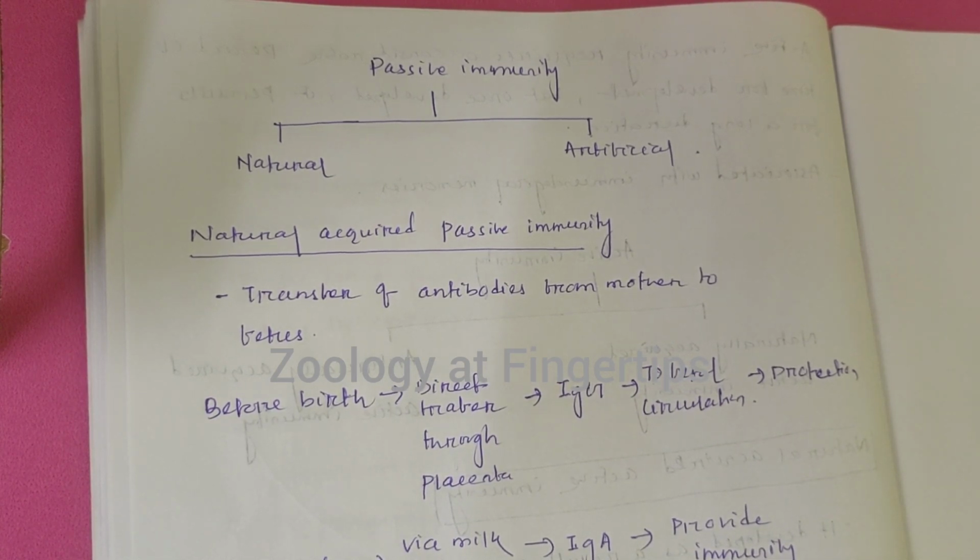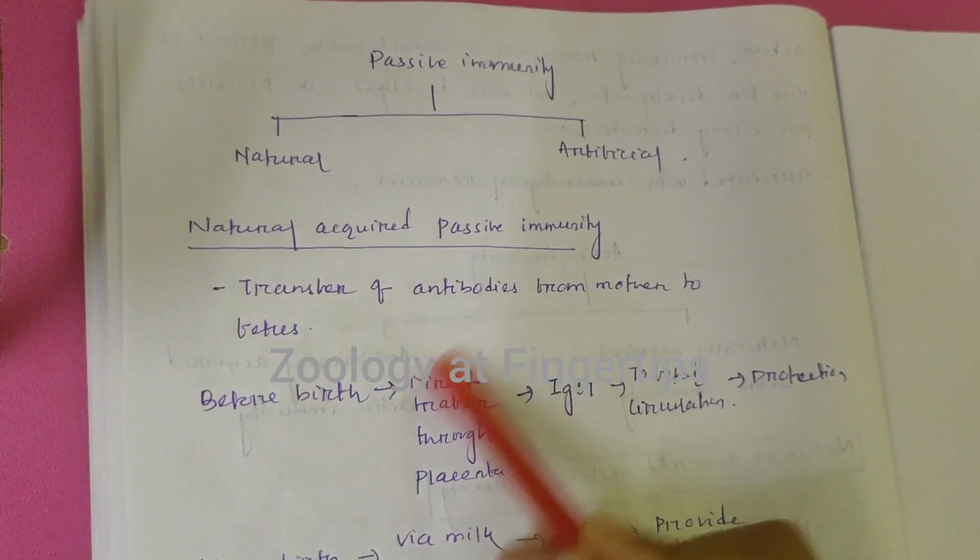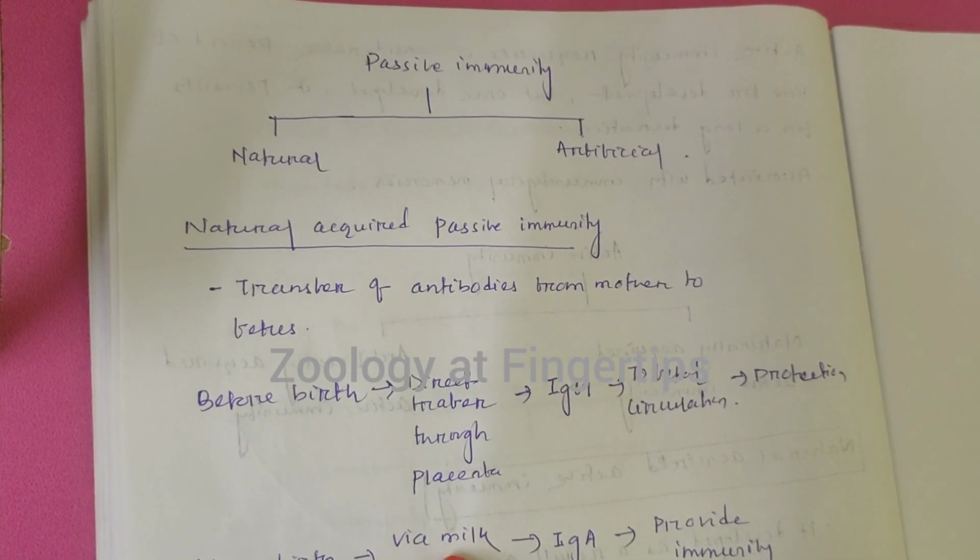Actually, fetuses or children have an immature immune system, but they are resistant to various infections like rubella, mumps, chickenpox, because they have ready-made antibody in their blood, which is provided from the mother to the baby either through the placenta or through breast milk.